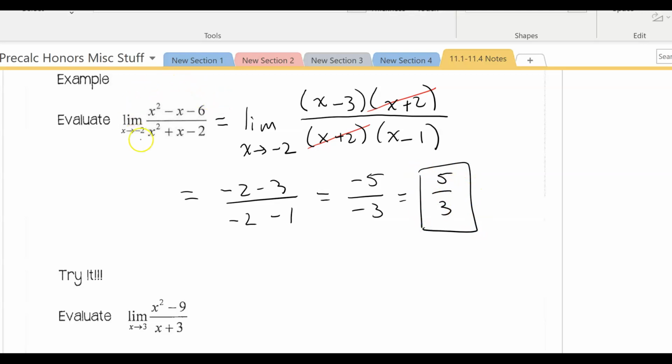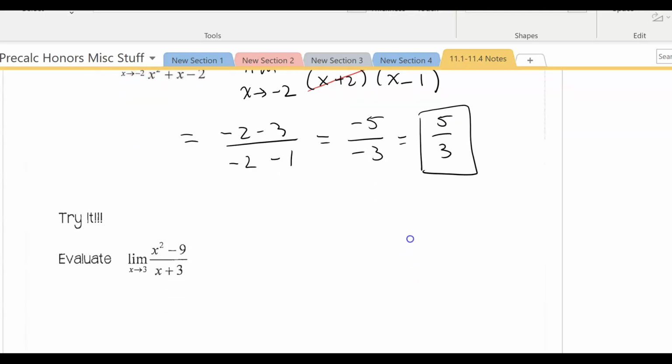So even though this function cannot be evaluated at -2, as x gets close to -2, this function is getting close to 5/3. Make sure you're getting help if you don't understand that concept, the difference between the function evaluated at -2 and then the limit as we approach it.